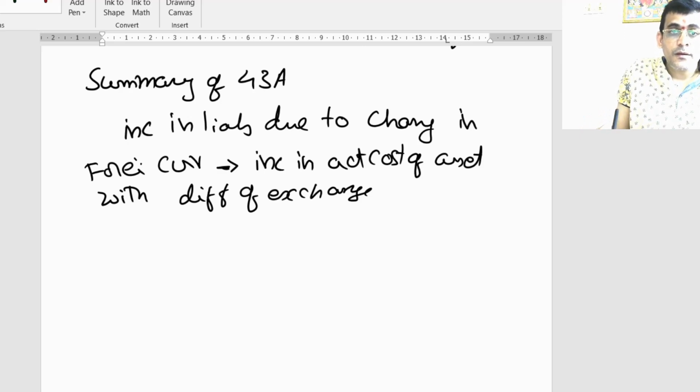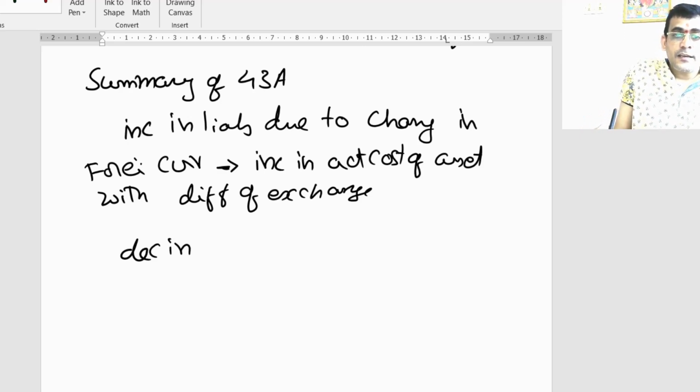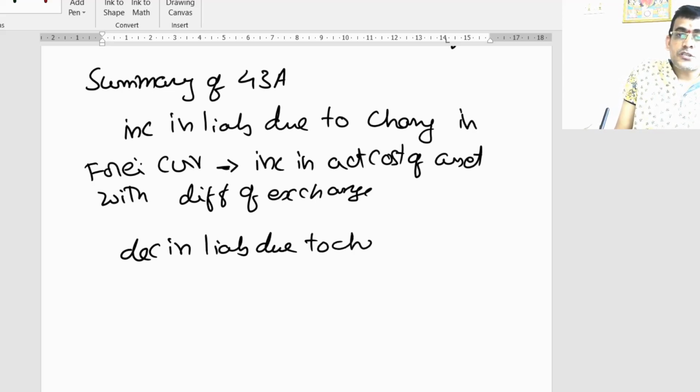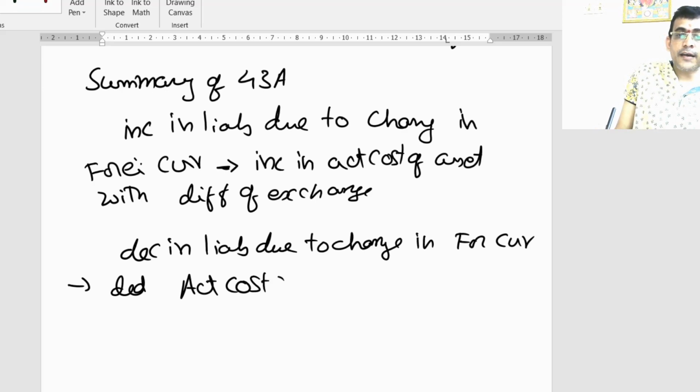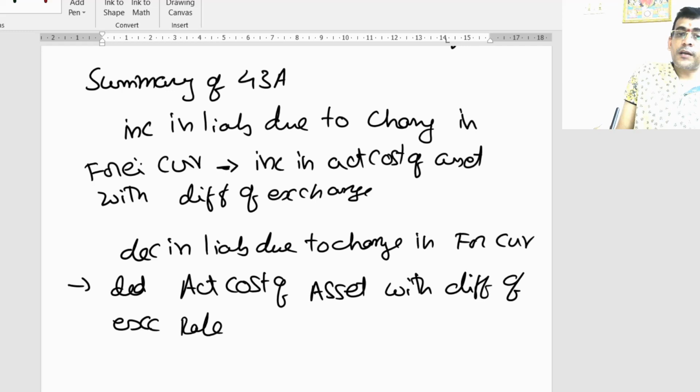Now, if there is a decrease in liability due to change in foreign currency, then I need to reduce my actual cost of asset with the difference in exchange rate.